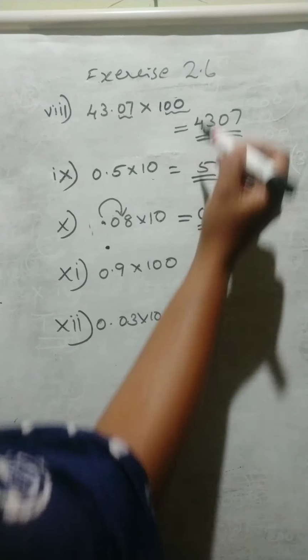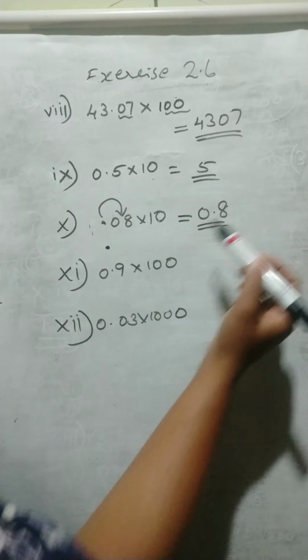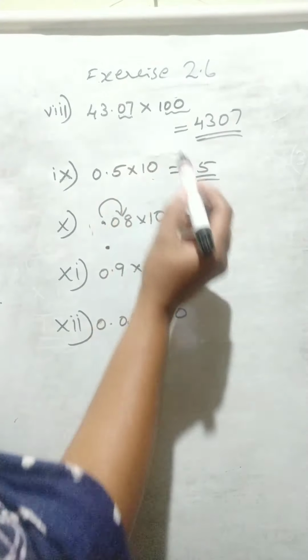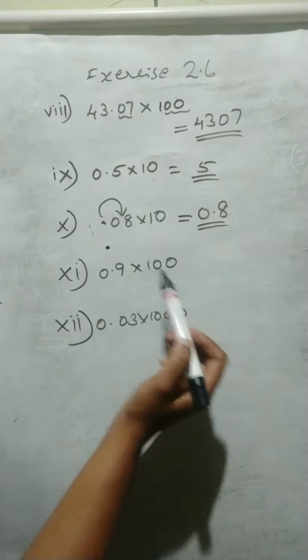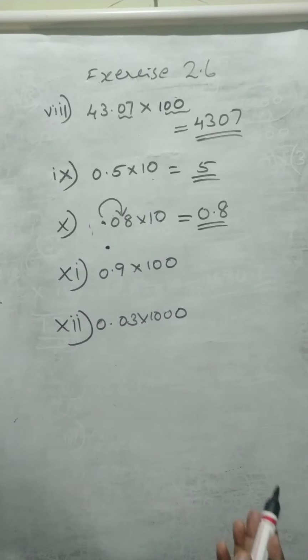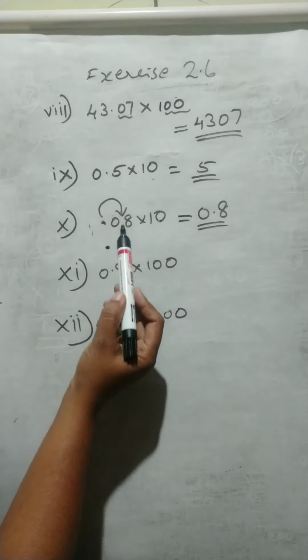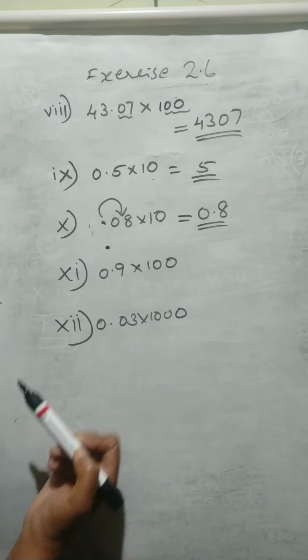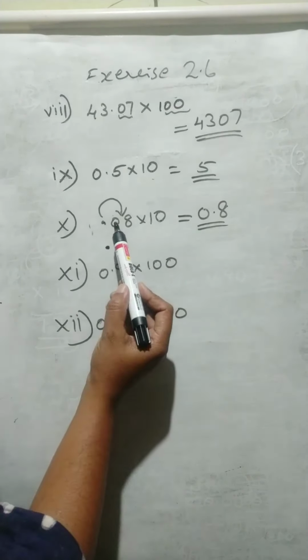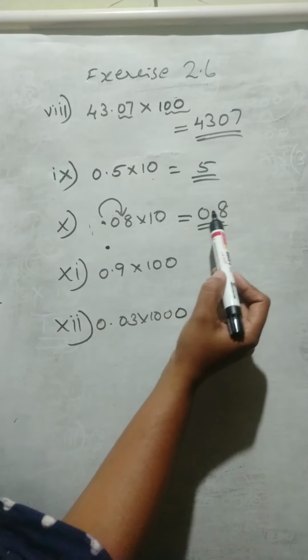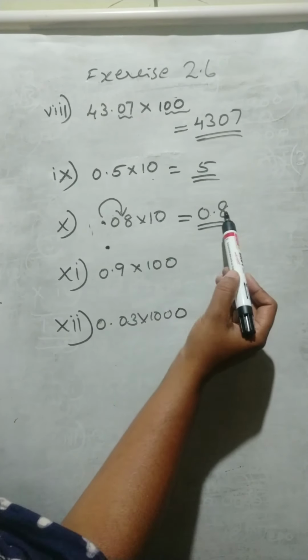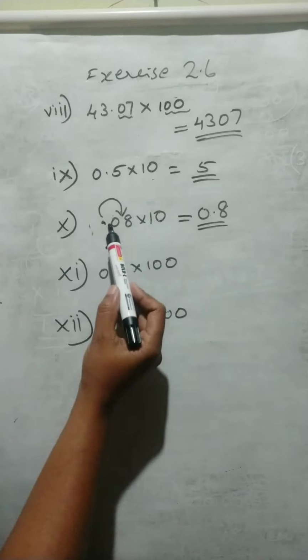Then we can notice when we are multiplying by 10, 100, 1000, the product will be greater than this multiplication number. No? That is here 0.08. The answer is 0.8. This is greater than this one. No? 0.08.